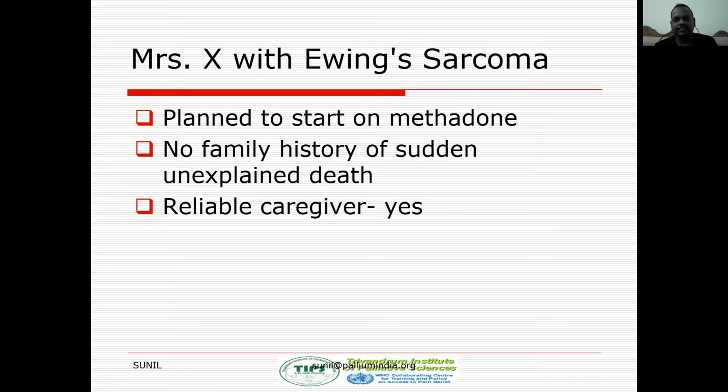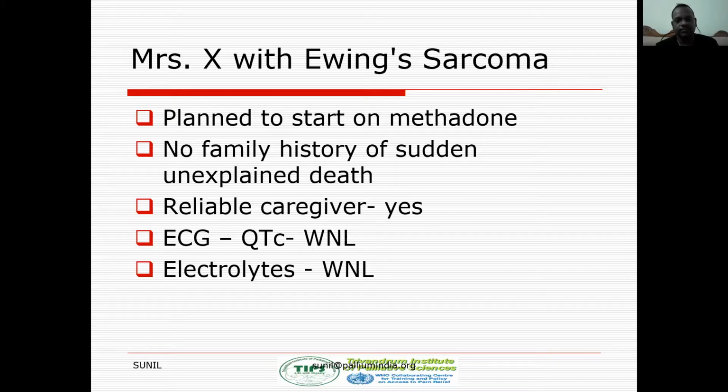Then this is very important: is there a reliable caregiver with the patient to administer methadone? Yes. And in our early days, we checked an ECG and the QTc was within normal limits. We also checked magnesium, calcium, and potassium. That was also within normal limits. So we planned to start methadone.